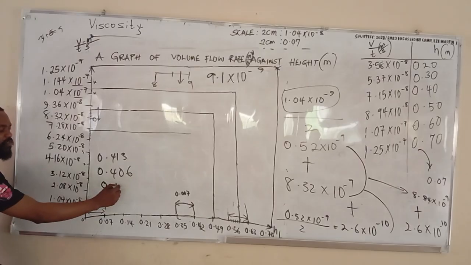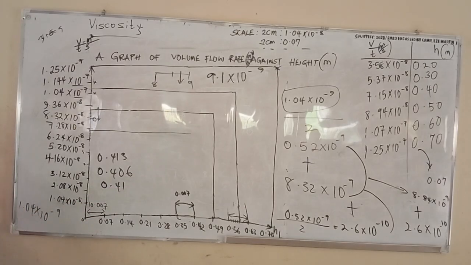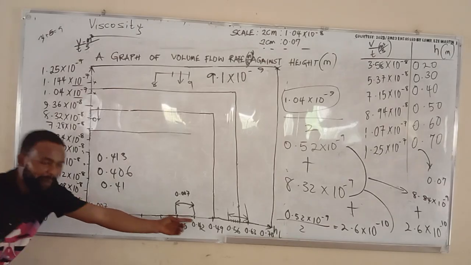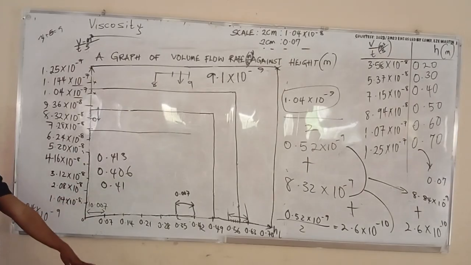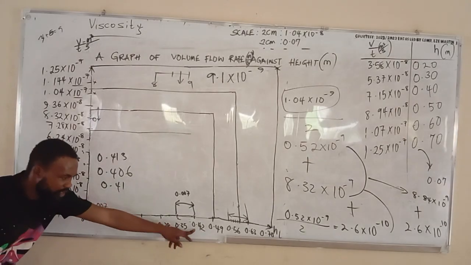And this is approximately 0.4. Please, if you pay attention, I'll be teaching you different orders of doing this till we get to the final point. So I am starting from the back now instead of moving forward, Shebi?